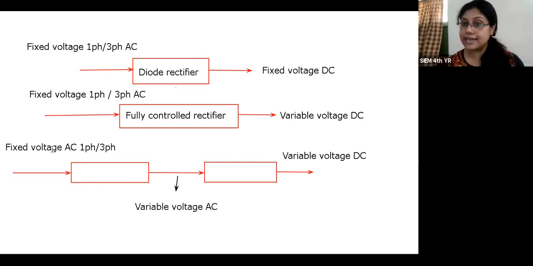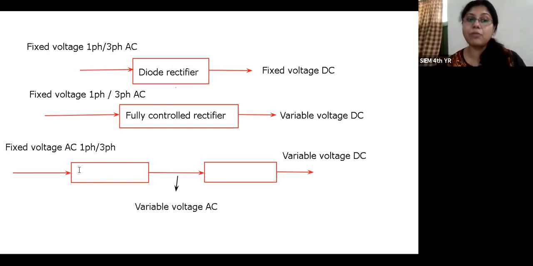One is the fixed voltage AC supply we have. Next, the power modulator which we have to use, the output of that power modulator should be variable voltage AC. The output of the first power modulator is variable voltage AC, and that is fed to the second power modulator, where we get variable voltage DC, which is fed to the DC motor.